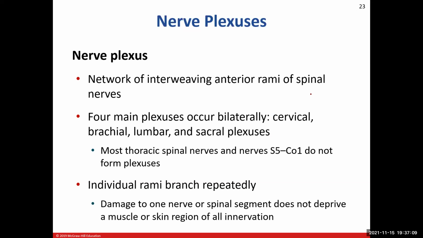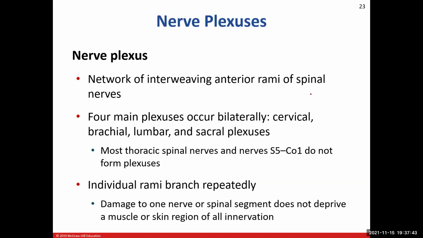And it actually becomes quite beneficial, because when we have these branches that are given off from these anterior rami, if you damage one specific nerve or one of those spinal nerve segments, that, I won't say that's okay, but all is not lost, because it's branched, other rami can still innervate those regions.